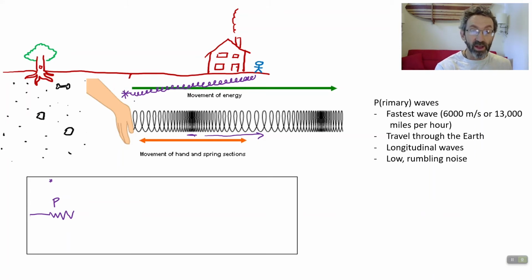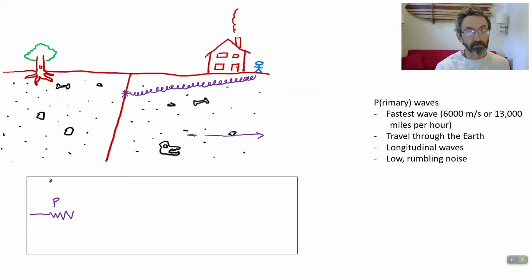The next set of waves to hit are the S waves, and the S waves travel like the regular types of waves that we're used to, in that they move up and down like that.